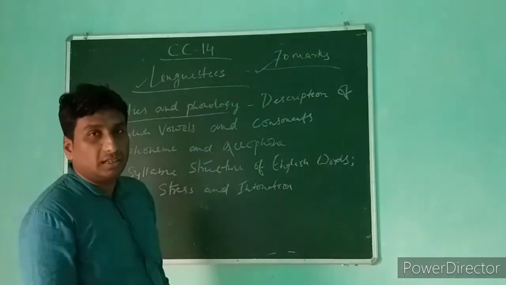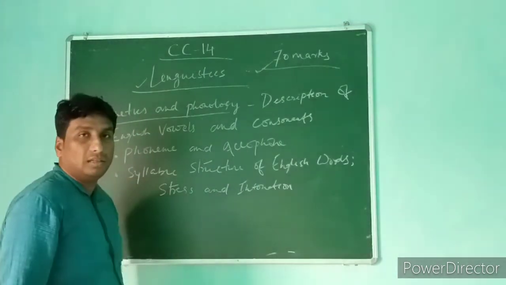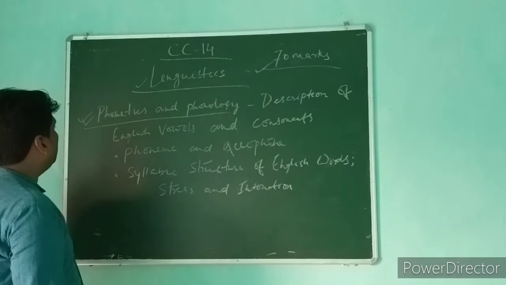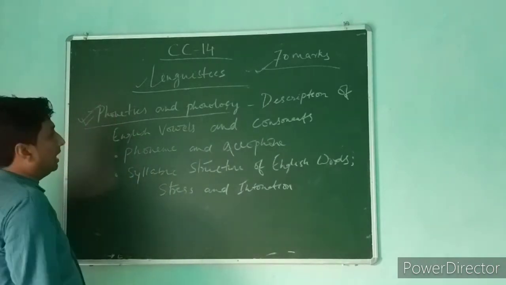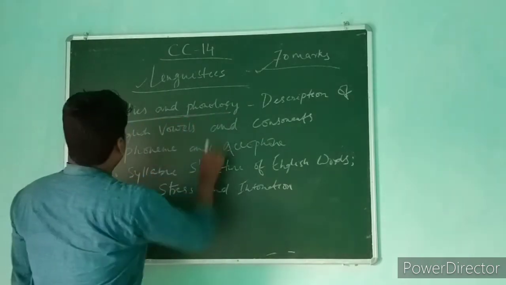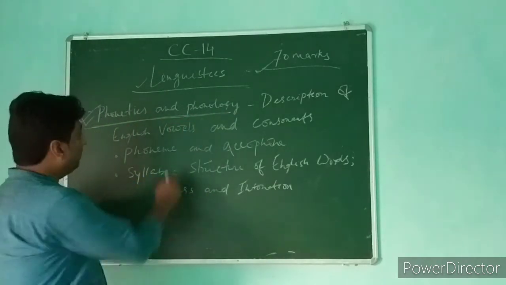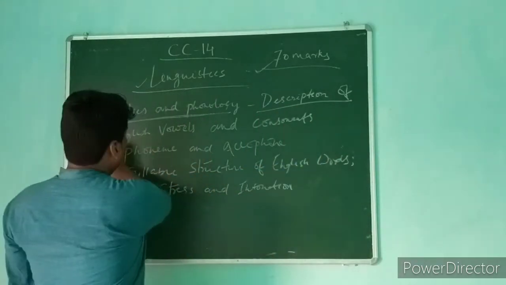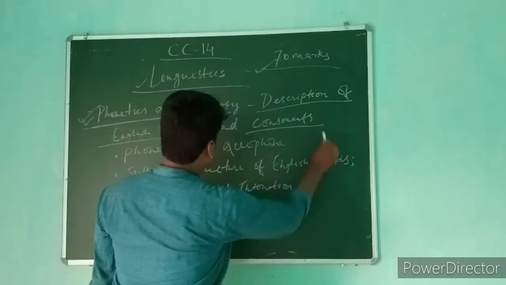As I told you earlier, it is very important to understand the syllabus in detail, right? So now within unit 1, the first branch of study that we are concerned with is phonetics and phonology. And within this topic we have description of English vowels and consonants.